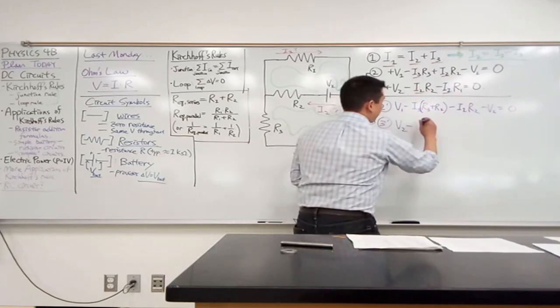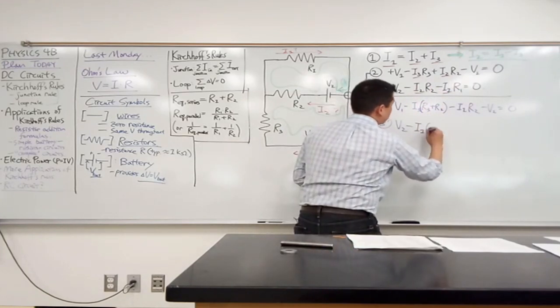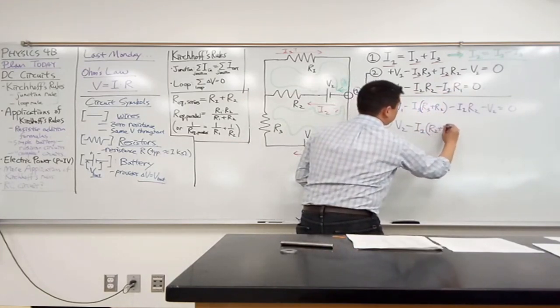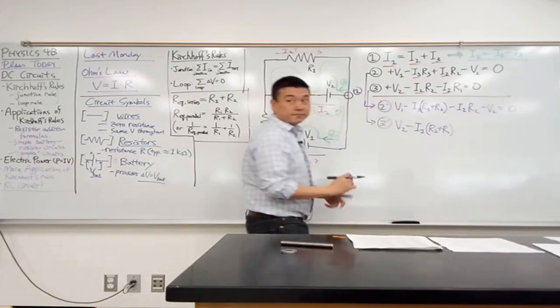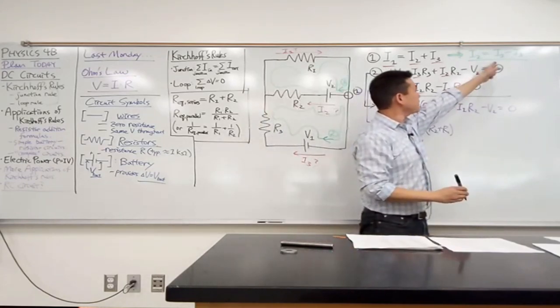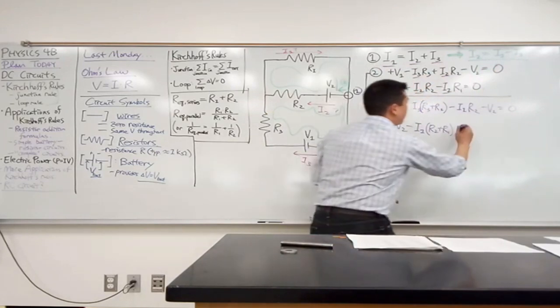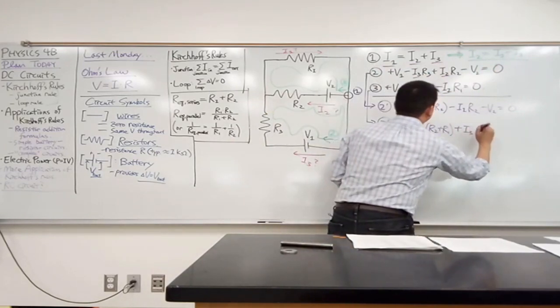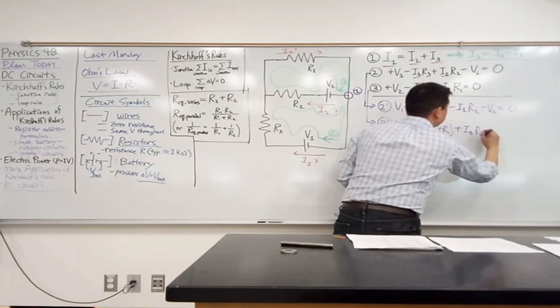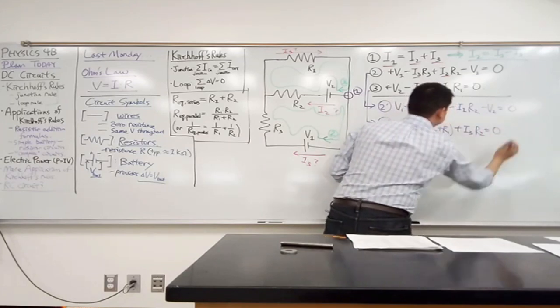So I'm going to write it down from the beginning as minus I1 (R2 plus R1). Good? So I handled this. Let me handle I3 there. So it's minus I3, so it'll be plus I3 R2 is equal to 0.